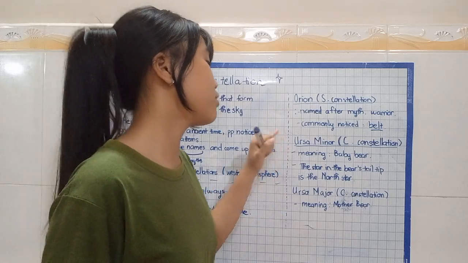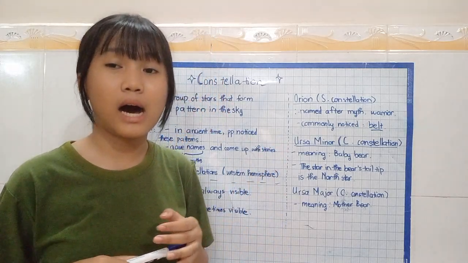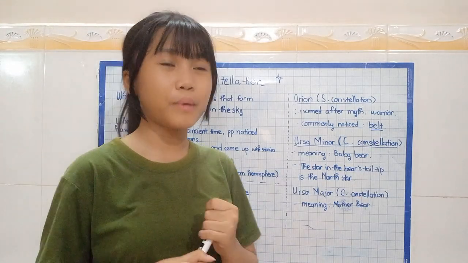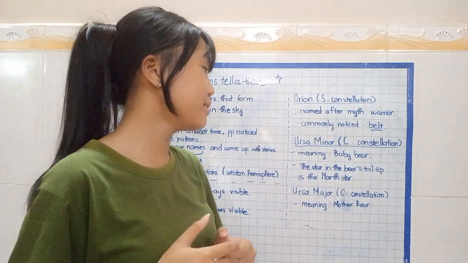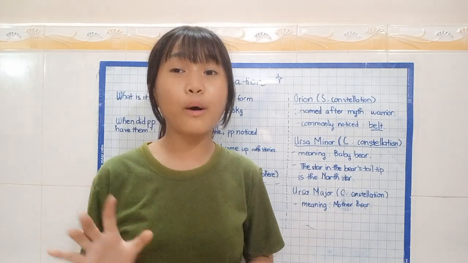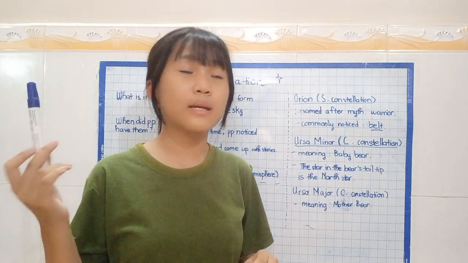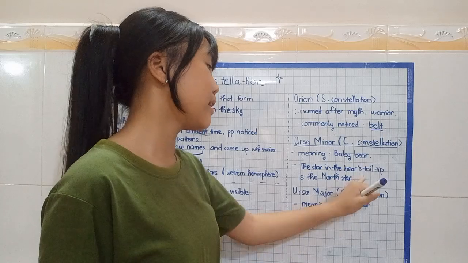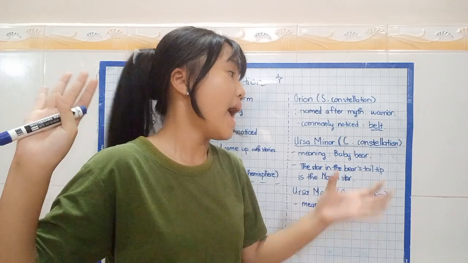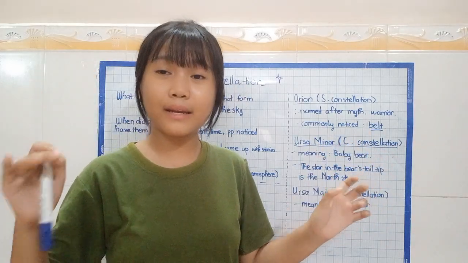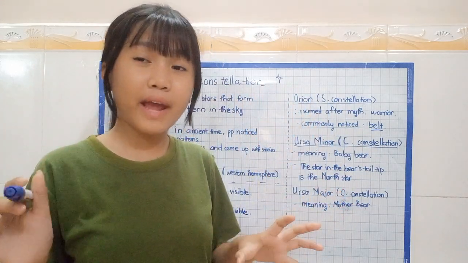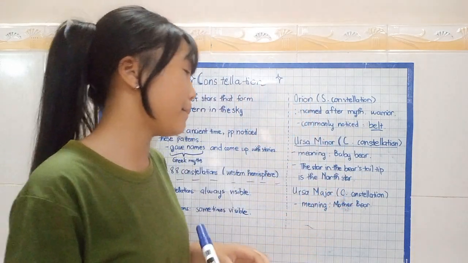Next constellation we have is Ursa Minor, which is a circumpolar constellation, meaning that it is always visible in the night sky, and you could see it in lots of places because the star at the bear's tail tip is the North Star. The North Star is really close to the pole, and so Ursa Minor is super close to the pole, so almost every hemisphere on our Earth could view it in the night sky.